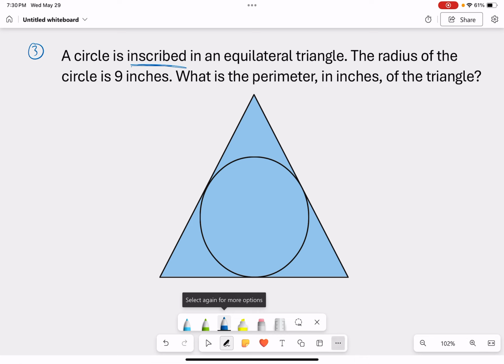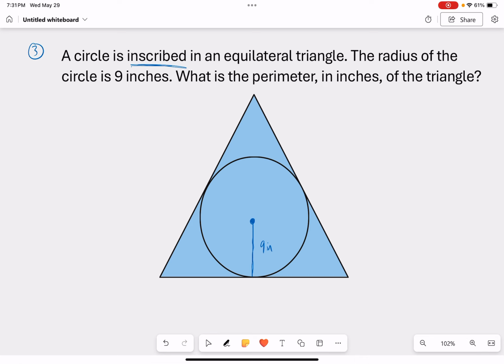We can erase that. All right, so anyways, it says that the radius is 9 inches. The first thing I'm going to do is draw a radius from the very bottom to the center. That is 9 inches. I'm going to put 9 IN for inches.